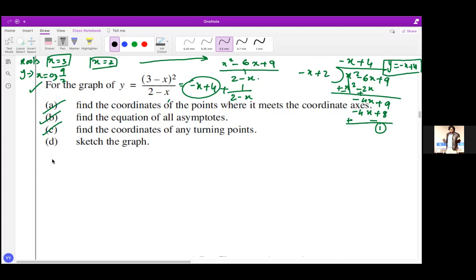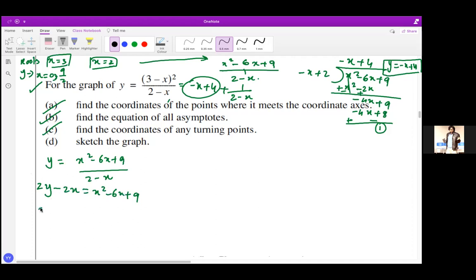So now for the discriminant method, you have y is x squared minus 6x plus 9 over 2 minus x. You cross multiply it here, so you get 2y minus xy is equal to x squared minus 6x plus 9.